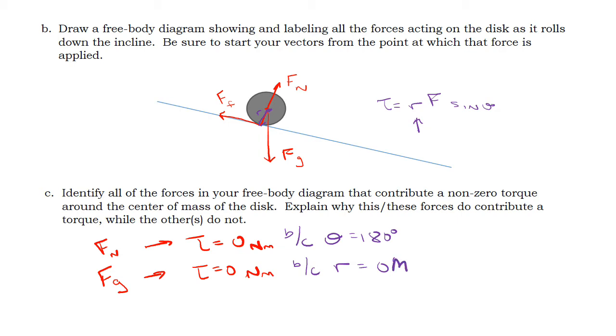So the last one to think about is the force of friction. That does provide torque. So it's a non-zero torque, and the reason is that it is a force that acts at a distance from the rotation point. That force is perpendicular to the moment arm, and so it does provide a torque.